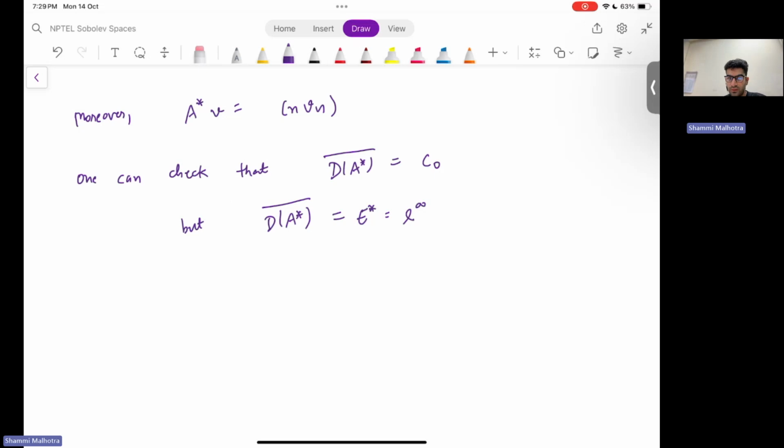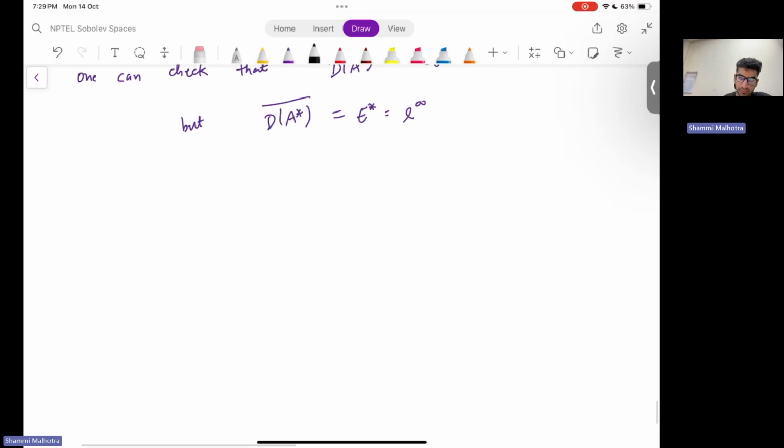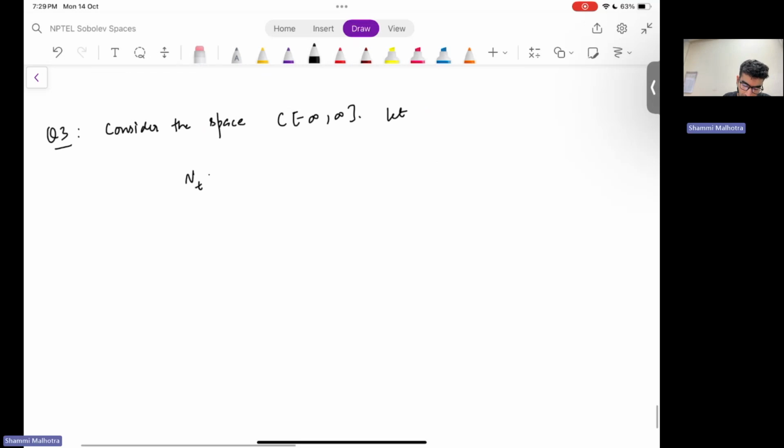So finally, we have one more question based on the C-naught semigroup theory. Question number 3: the space C of minus infinity to infinity, and let N_t(u) be given as 1 upon square root of 2 pi t times e raised to the power of minus u squared divided by 2t, and this I'm taking for all u in minus infinity to infinity and for all t positive.